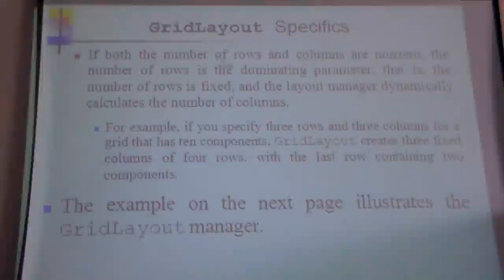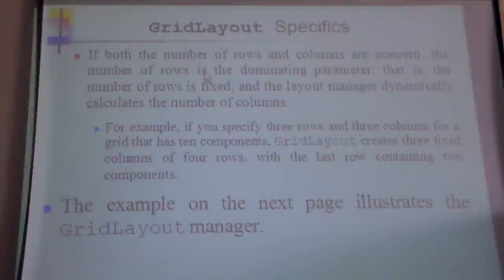If both the number of rows and columns are 0, the number of rows dominates. That is, the number of rows is fixed, and the manager dynamically or automatically calculates the number of columns.